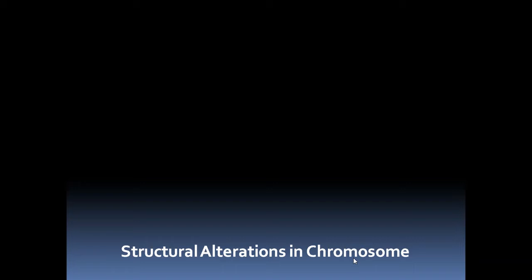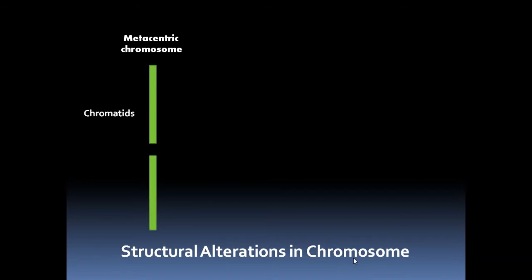Now, depending upon the type of chromosome, we can categorize the chromosomes into metacentric chromosomes, where the two chromatids are adhered with the centromere and they are of equal length.